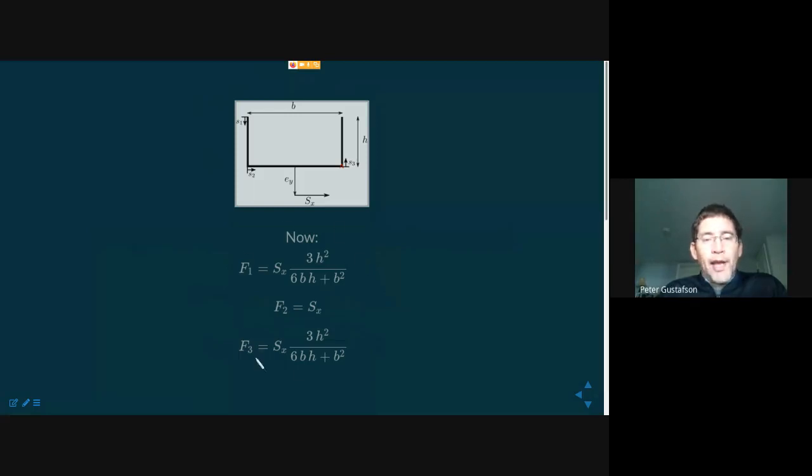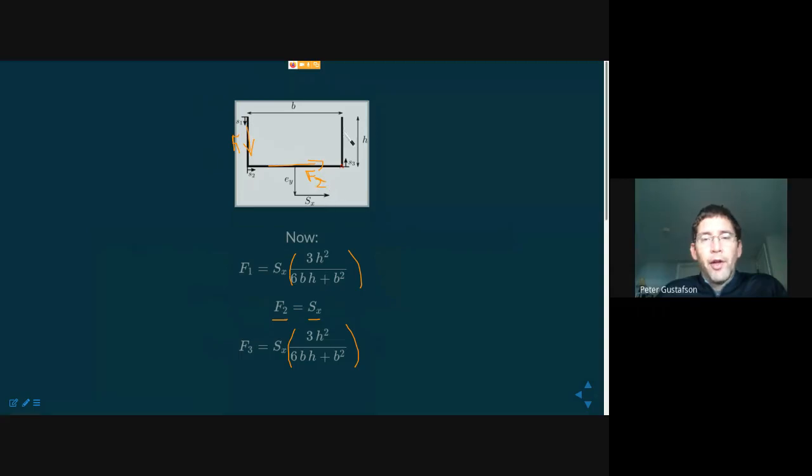But now here's what we get. We get that F1 is equal to Sx, the original load, times some quantity. We get that F2 is equal to Sx, and F3 is equal to Sx times that quantity. Keep in mind, F2 was oriented here along the centroid, or along the tangent of that segment, right?